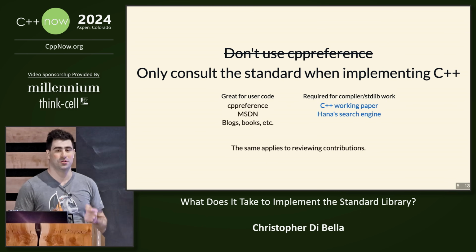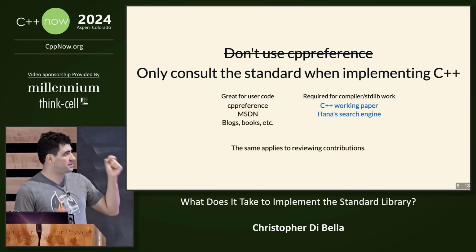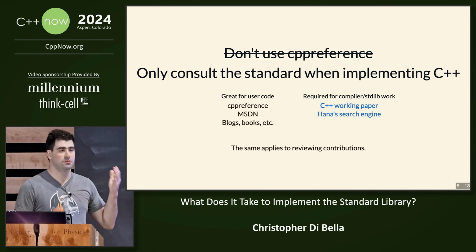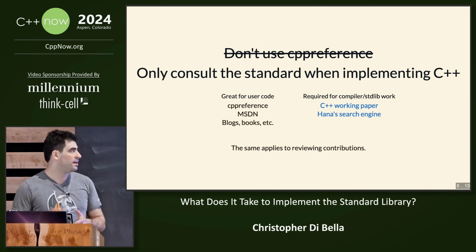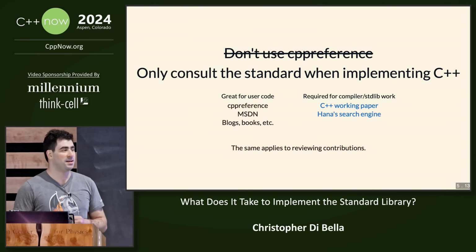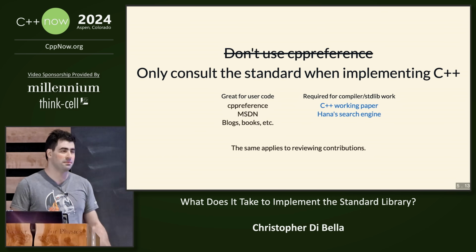Don't read the standard unless you need to. But when it comes to implementing C++, you should consult the C++ working paper. And now that Hana has implemented a search engine for the working paper, that makes using the web-based interface a lot nicer, because you can just type something and find it pretty quickly.